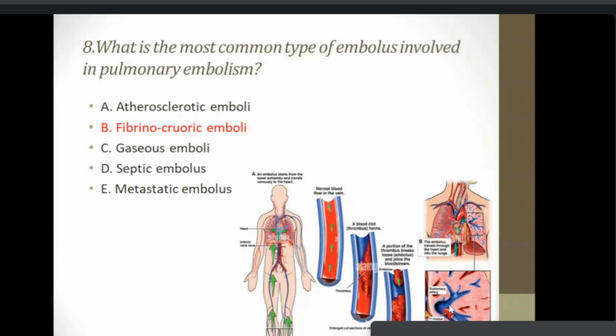Why? Pulmonary embolism involves the sudden blockage of a pulmonary artery, typically by a blood clot originating from the deep veins in the legs, known as venous thrombi. These thrombi are primarily composed of fibrin and red blood cells, which correspond to fibrinocruoric emboli. That's why the correct answer is B.